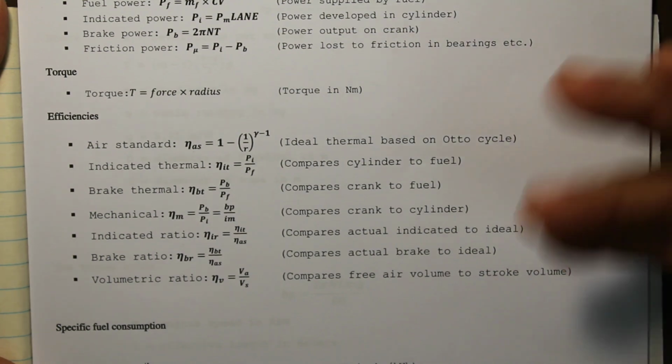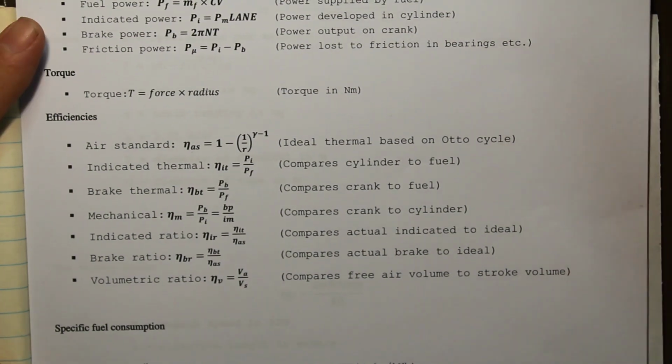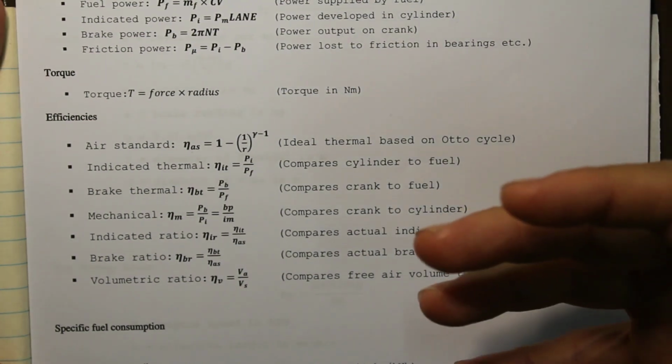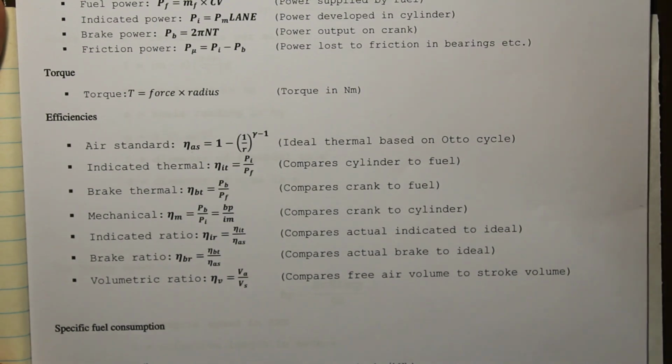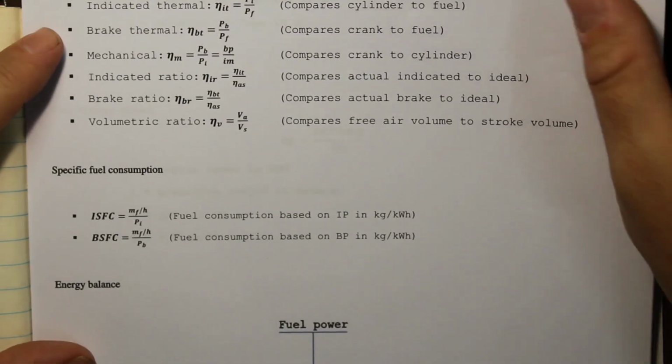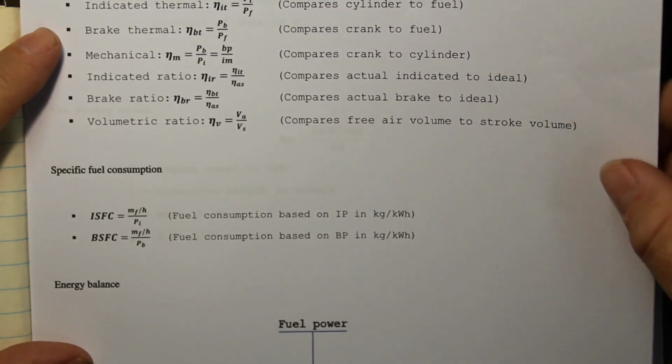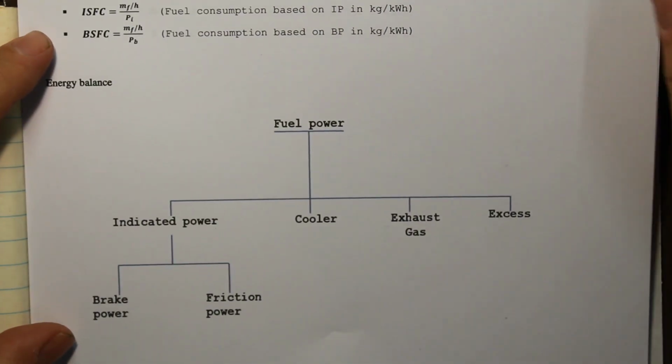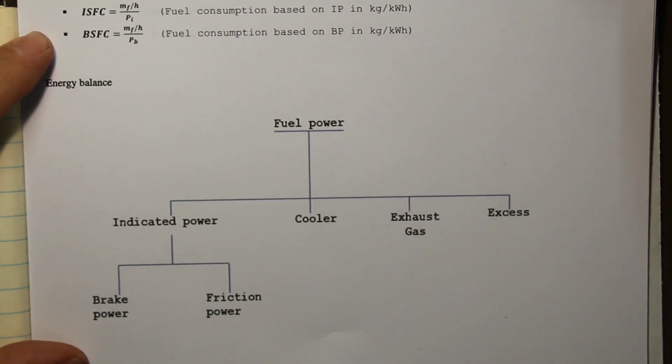So I want you to look through those and be familiar with those. Many of those you're going to get on your formula sheet. And then we have, again, something else we dealt with, the specific fuel consumption formulas. It's those two.